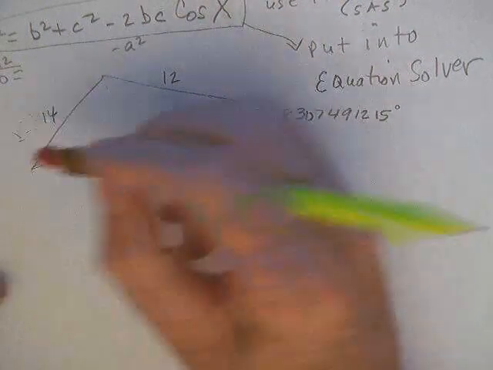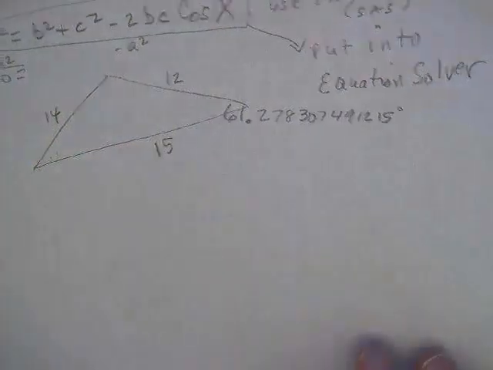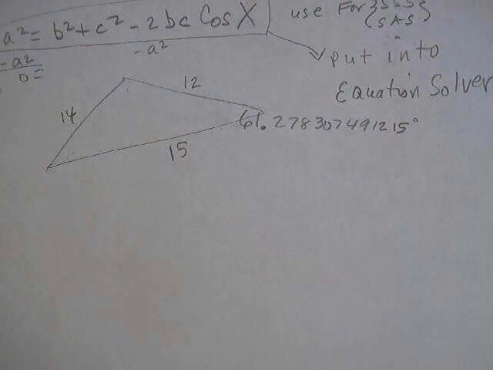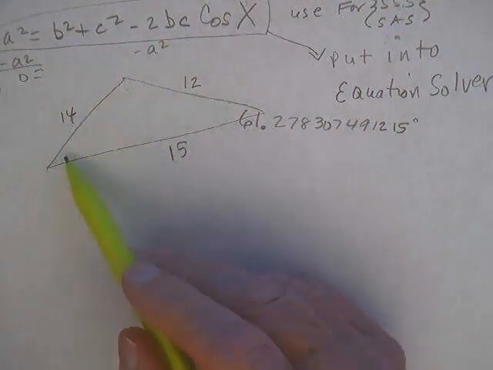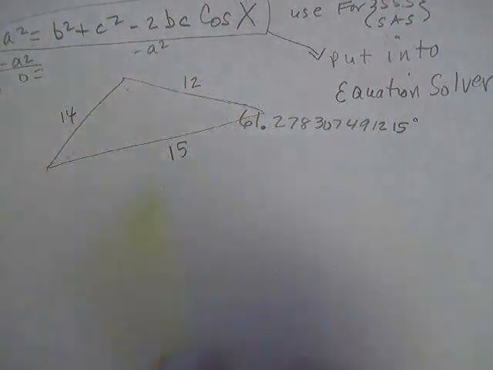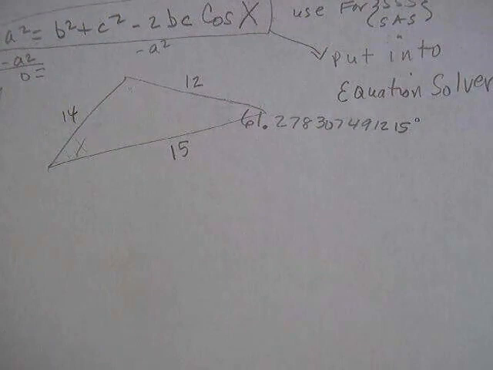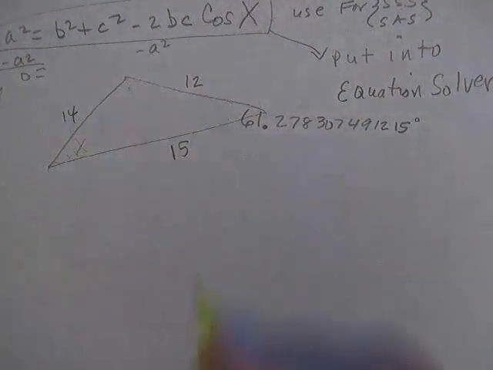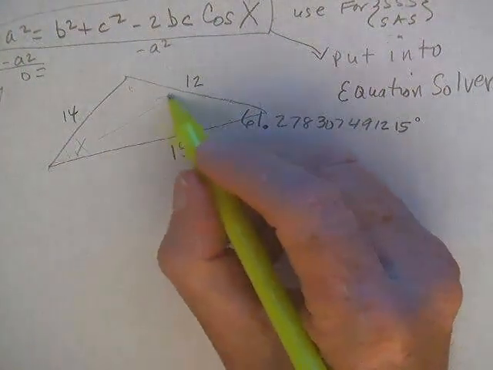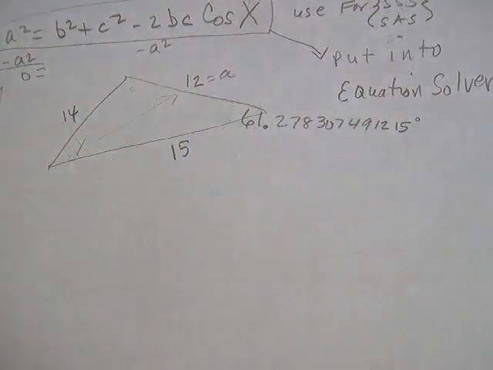Now please erase the X, that's why we wrote it light, and erase the A. Now I got to find two more angles. But my formula has an angle X, so pick one of these and call it X this second time. That's going to force this side over here to be little a.